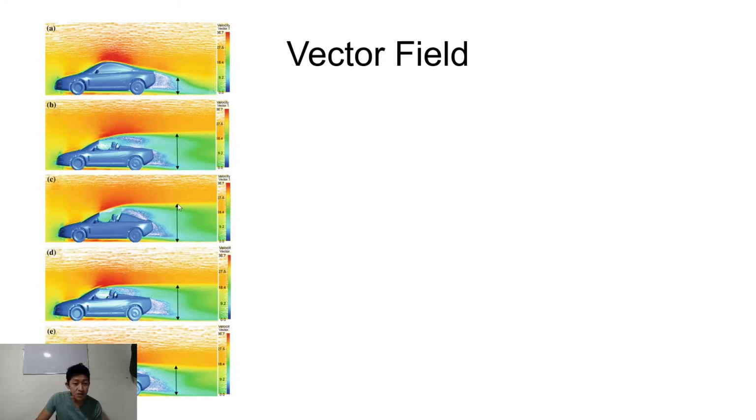This is a vector field because these colors represent the velocity, what happens to the velocity as it passes through the car. The best design is the closed sedan because it minimizes the drag.